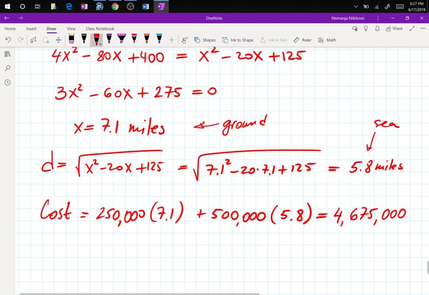So if you take a look at the cost, this is different than the 5 million tag. Savings of 325,000 by doing this calculation.